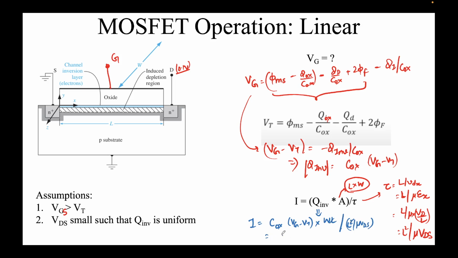What I get is mu Cox W by L, one L remains, right? Vg minus Vt times VDS. Current I have obtained as this in the linear regime.